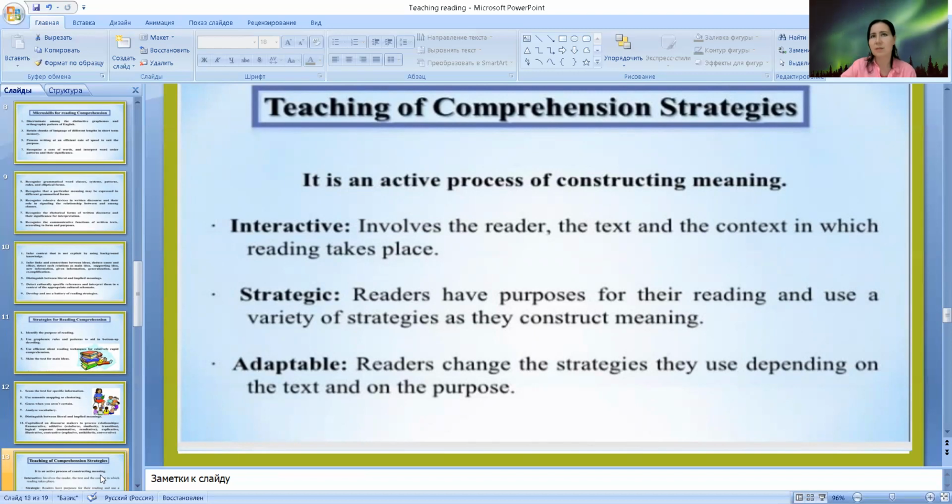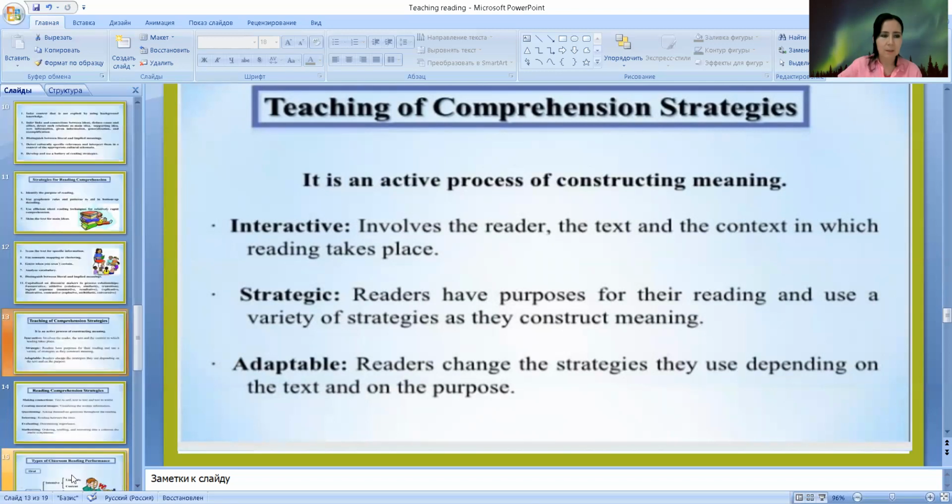Readers choose strategies for the different kinds of meaning. Adaptable readers change the strategies they use depending on the text and the purpose. It also depends on the context.